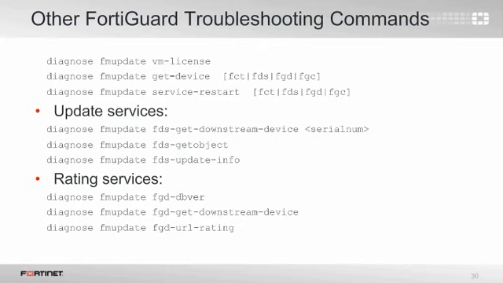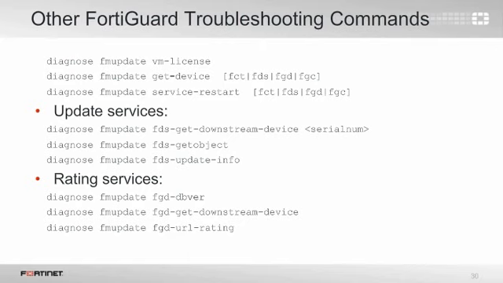Diagnose fmupdate vm-license lists FortiGate VM license information. Diagnose fmupdate get device lists the latest package information downloaded by the FortiGate and FortiClient through FortiManager.